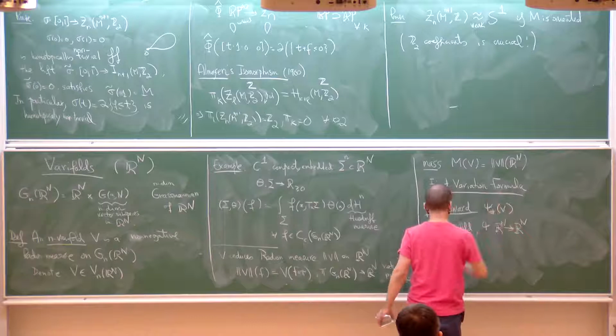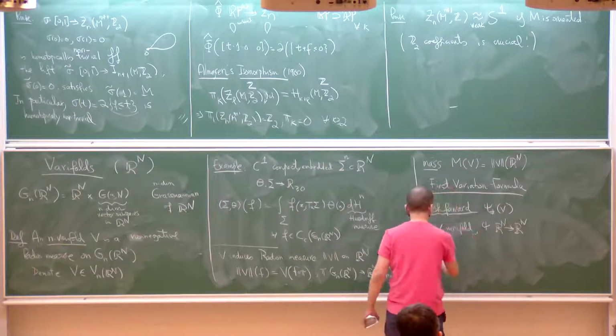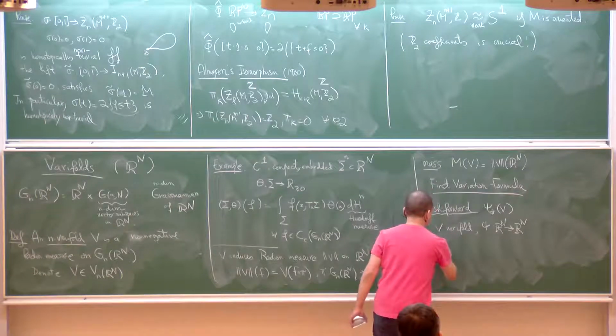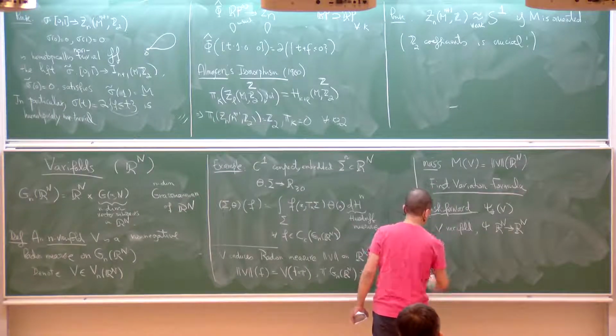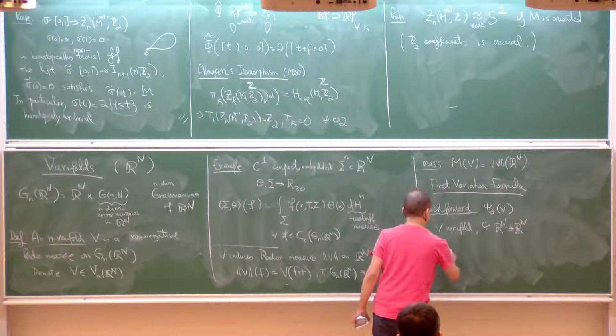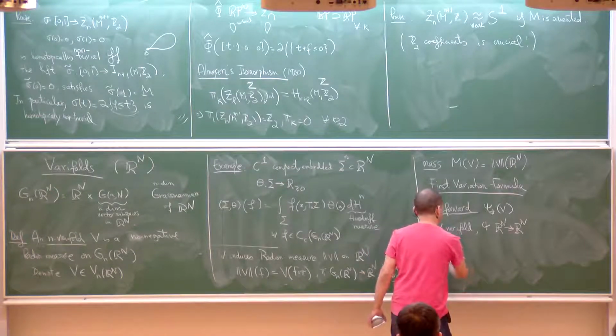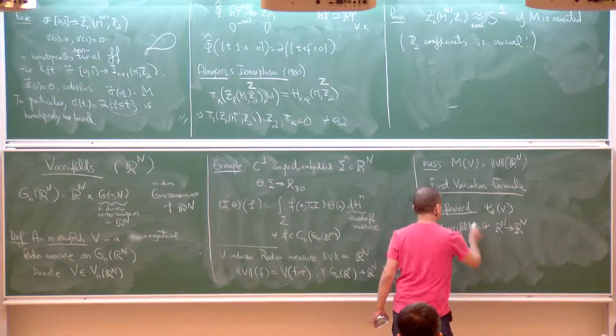If I evaluate this measure on some function f, I get the following expression. I'm integrating f on the Grassmannian with respect to the push forward measure.